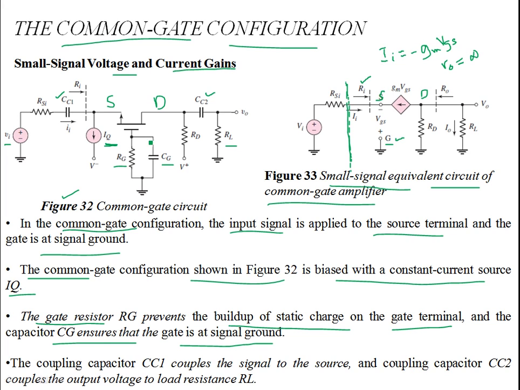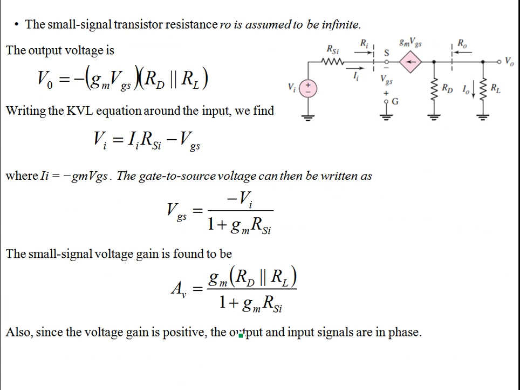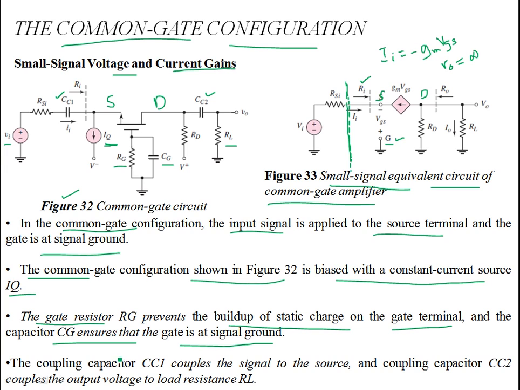This CG ensures that this is a short circuit at AC, so the gate is at ground. Then the coupling capacitor CC1 is coupling the signal to the source, while the coupling capacitor CC2 couples the output voltage to the load resistance RL.